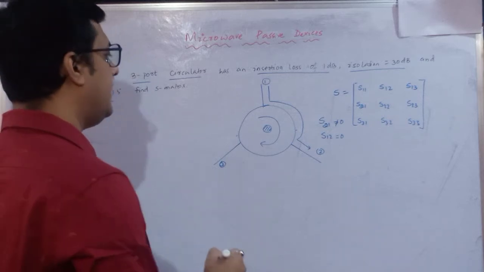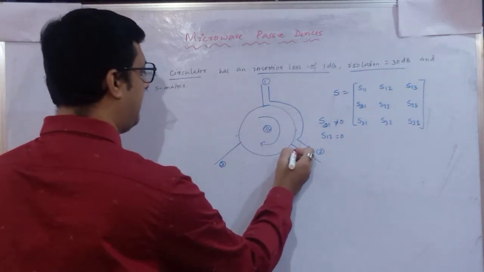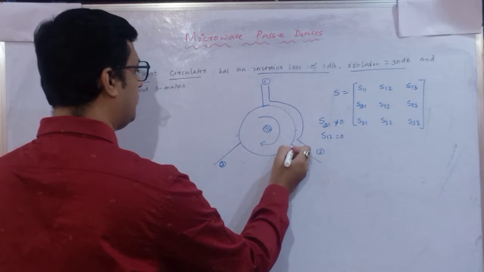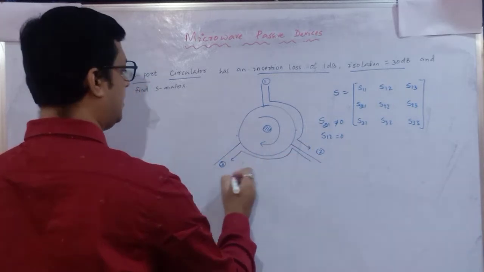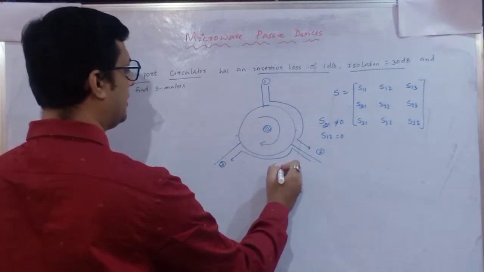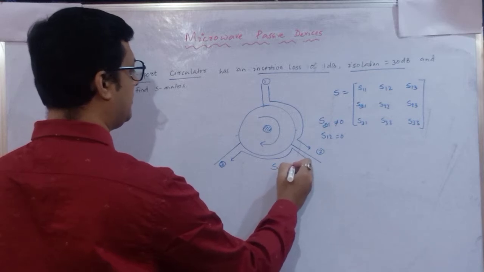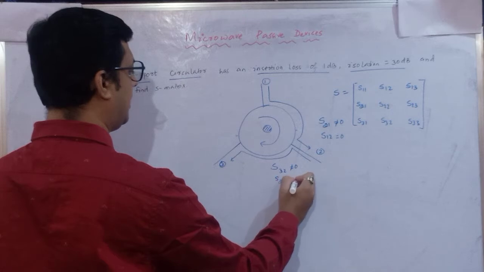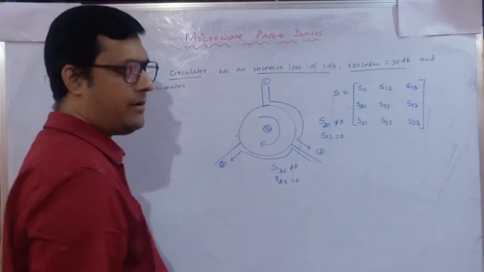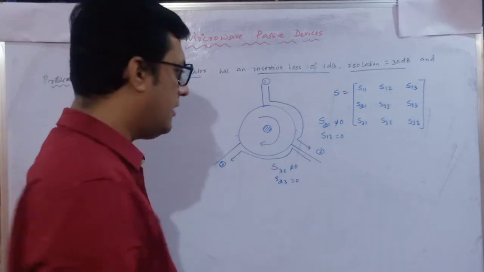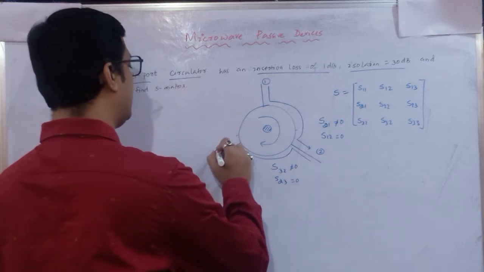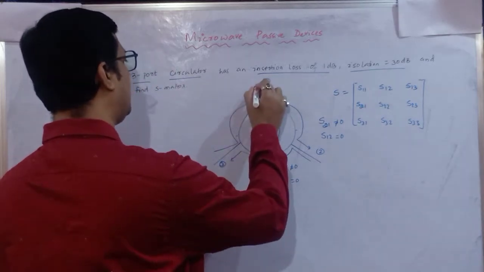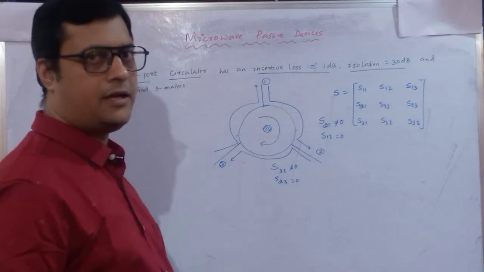Okay. Next, if the power is fed at port 2, it will be available at port 3. So for this we take S32 not equal to 0 and S23 equal to 0, meaning nothing is reflected back. It is an isolated port. Okay, so it is 0. Similarly, if I feed the power at port 3, the power is available at port 1.